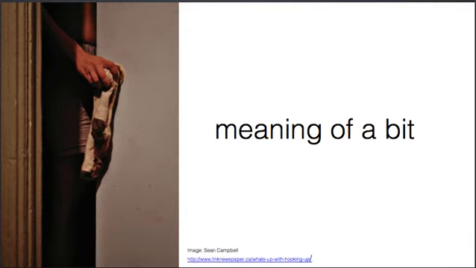It's just an agreement that has been made, typically by two guys who share a room in the dorm, that the sock on the door is going to mean something, and no sock means something else. The meaning of the bit is assigned somewhere else.